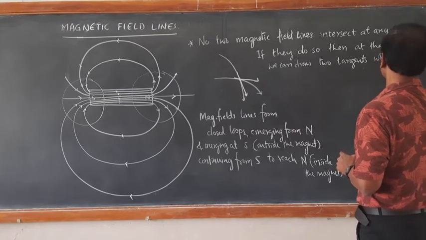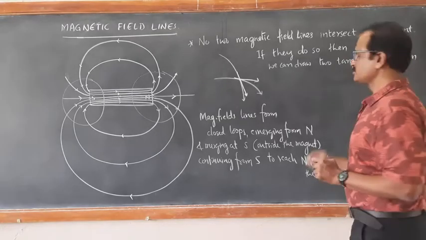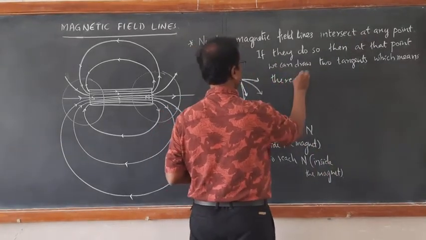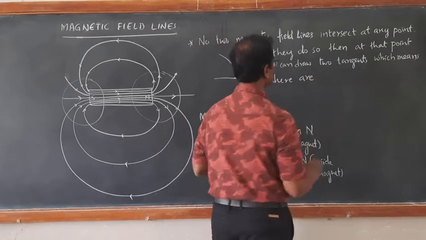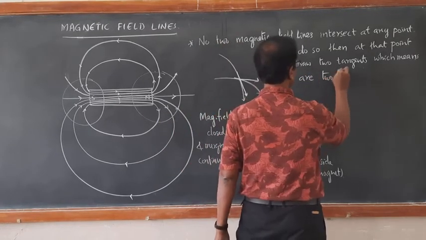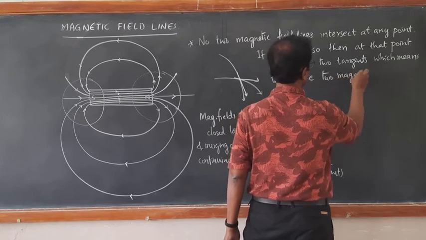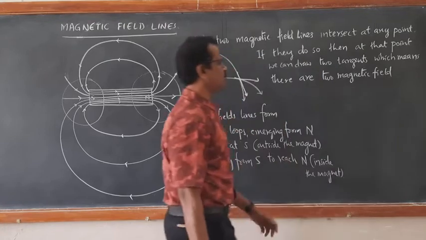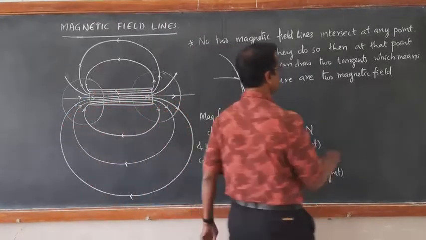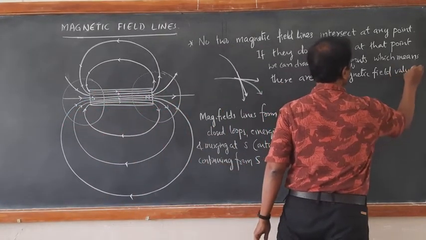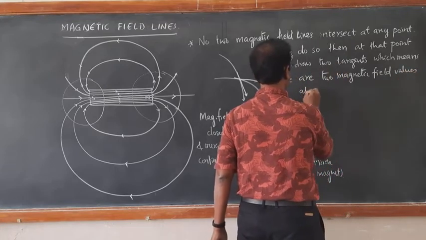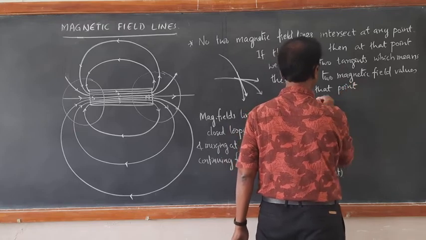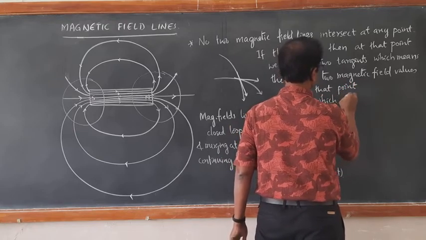Which means there are two magnetic field directions. There are two magnetic field values at that point, which is incorrect.